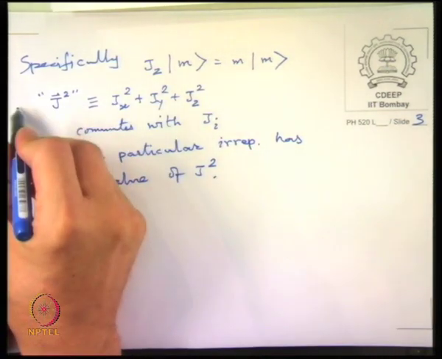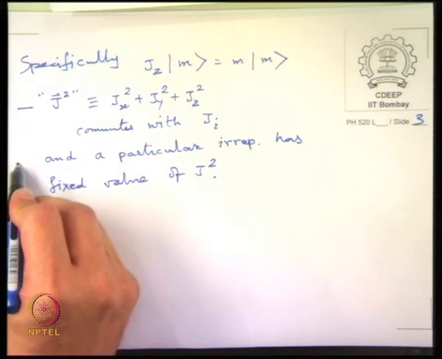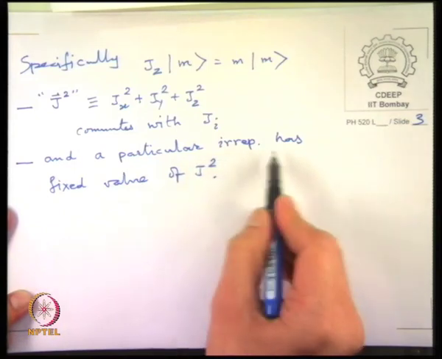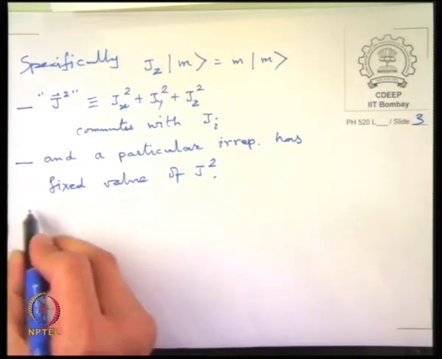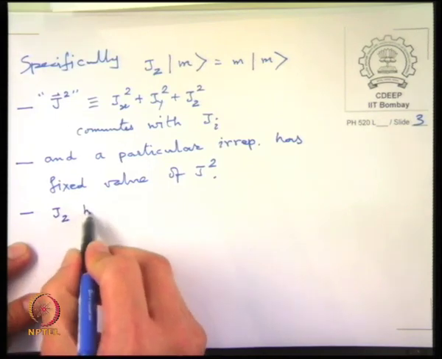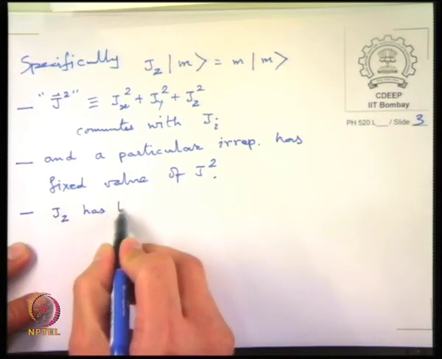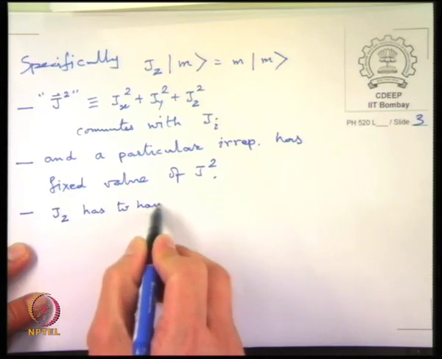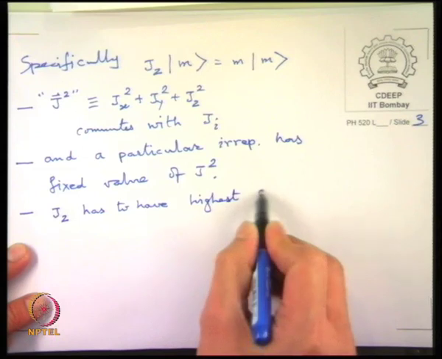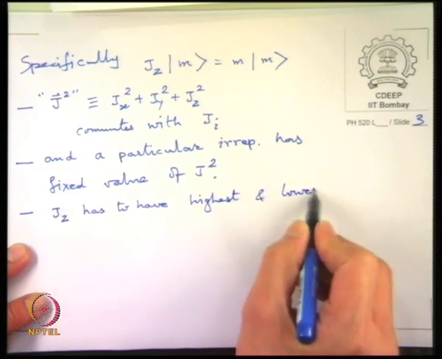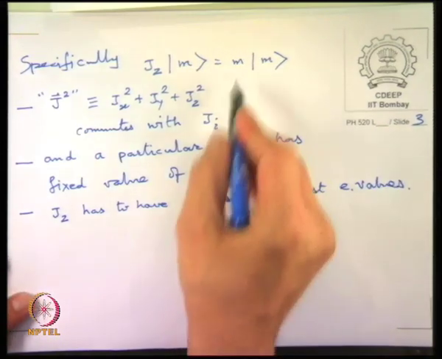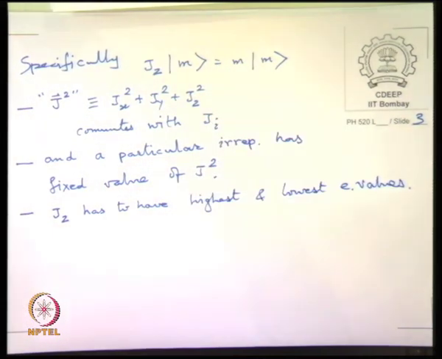So we can say some bulleted things. So J squared equal to this commutes with these, and a particular irrep has fixed values of J squared. Also Jz has to have highest and lowest eigenvalues, so that the values of m are bounded.